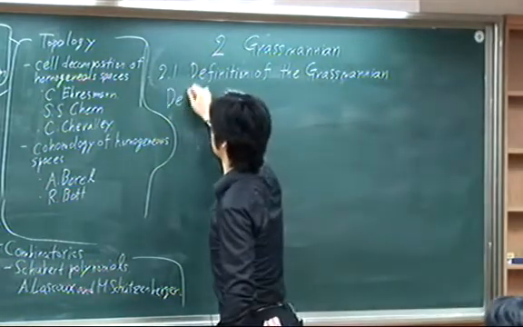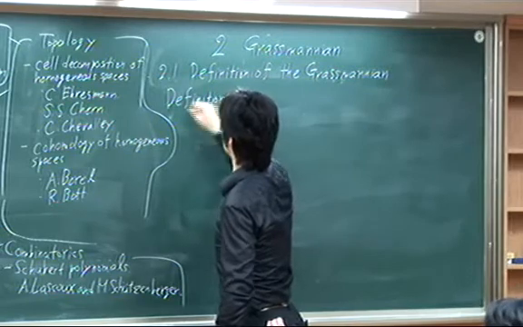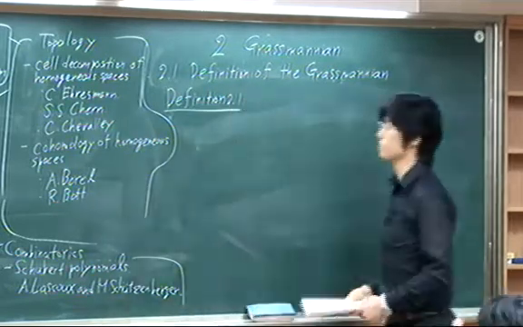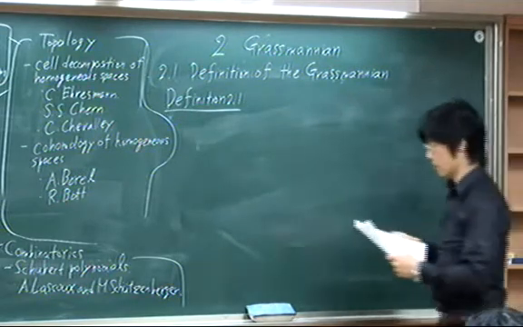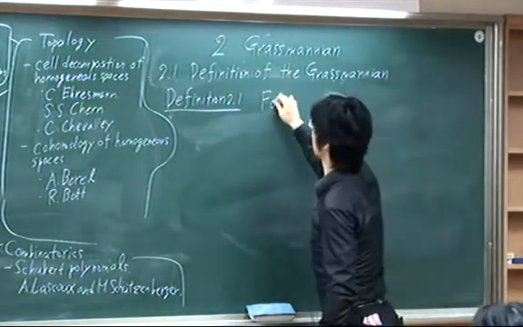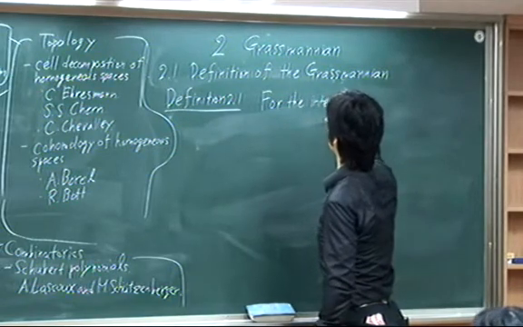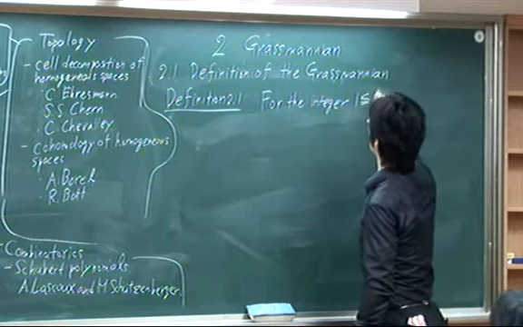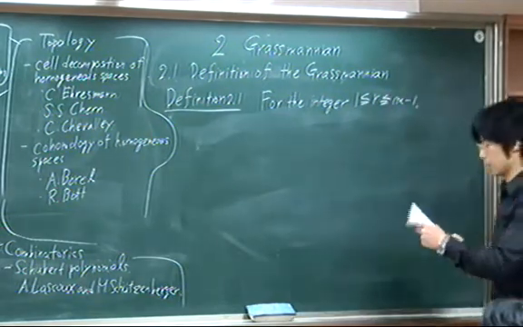Definition. For the integer, the complex Grassmannian.